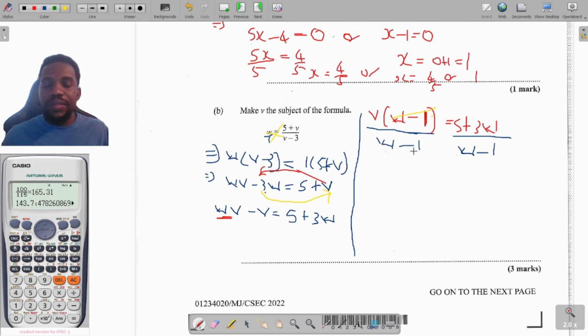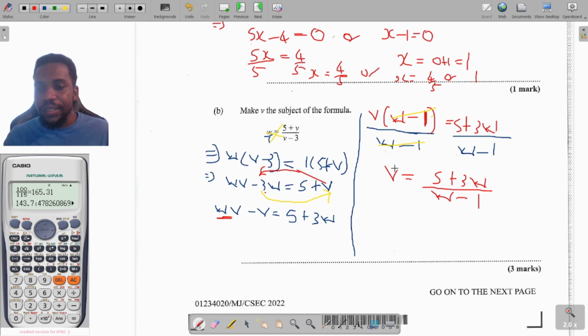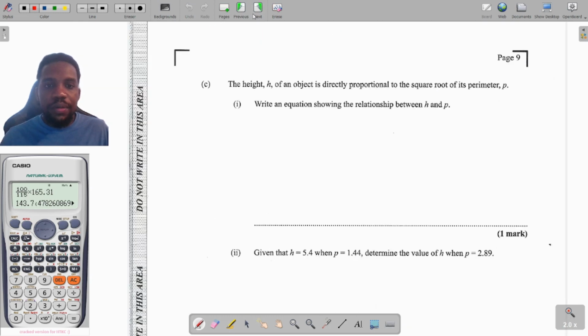This into this is 1, right? So that's gone. So now I have V is equal to 5 plus 3W over W minus 1. It doesn't matter that I have W at the top and the bottom because I'm not interested in finding that. What I'm interested in finding is V. Alright? So let's see. This takes me to my next page. Let me just pull this down here.